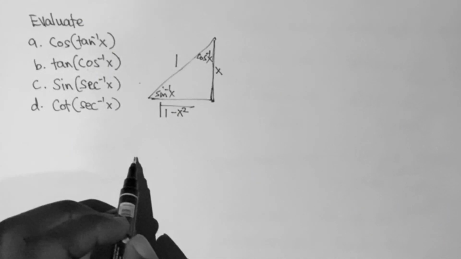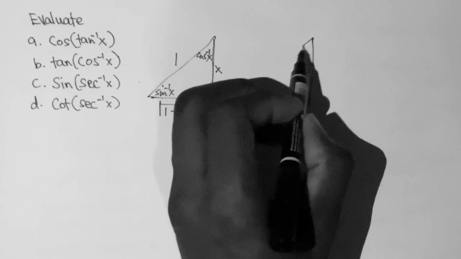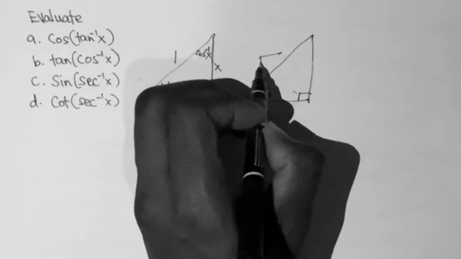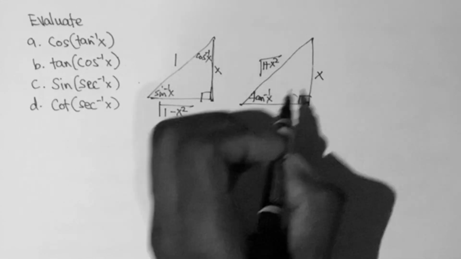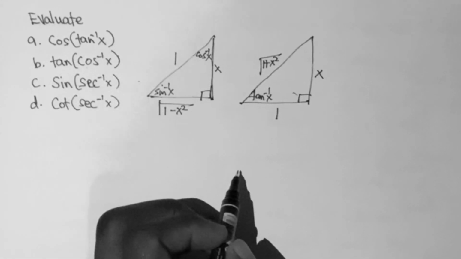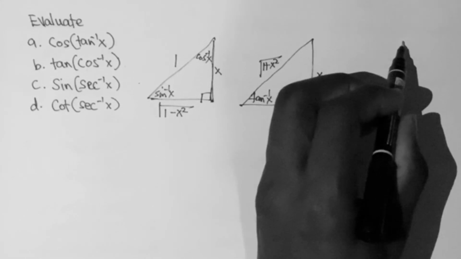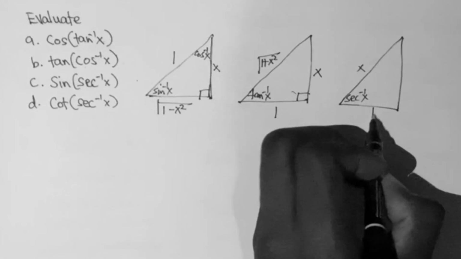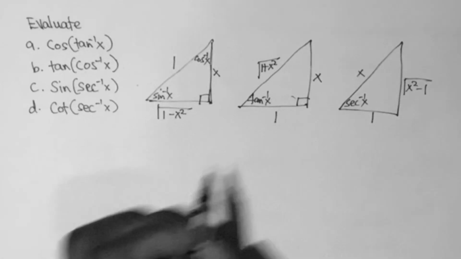Then the second special triangle is the tan one, so it's this one. Here is square root of 1 plus x squared. Then here is x, and here is 1. Then the last of the special triangles is this special triangle. Yes, x, 1, then square root of x squared minus 1.